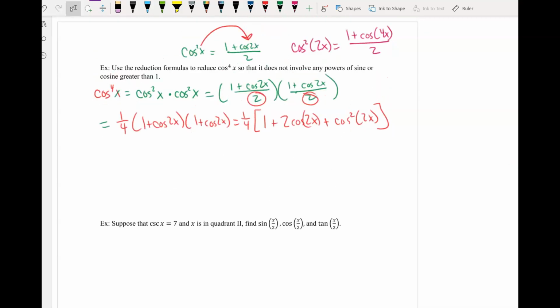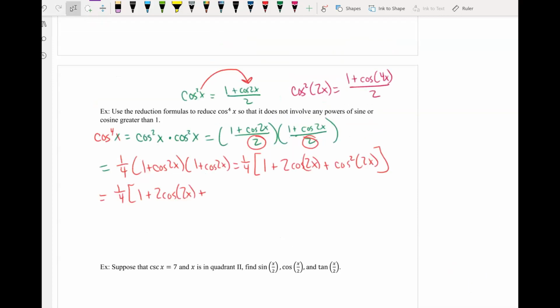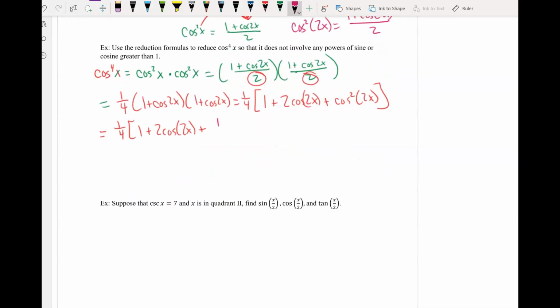So I'm going to have 1/4 times 1 plus 2 cosine 2x, and then the cosine squared 2x is just going to be what we just figured out, which is going to be that 1 plus cosine 4x divided by 2. So this guy's going to give me 1/4 times 1 plus 2 cosine 2x plus 1/2 plus 1/2 cosine 4x.